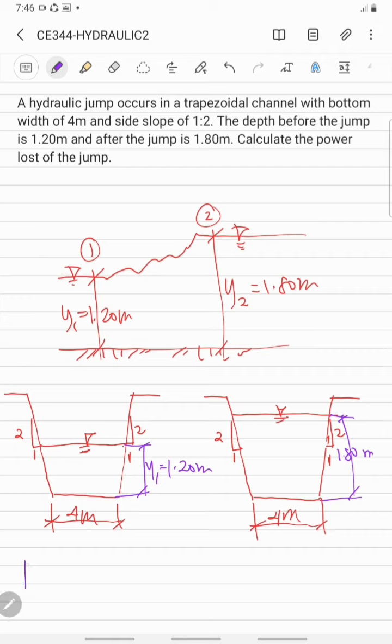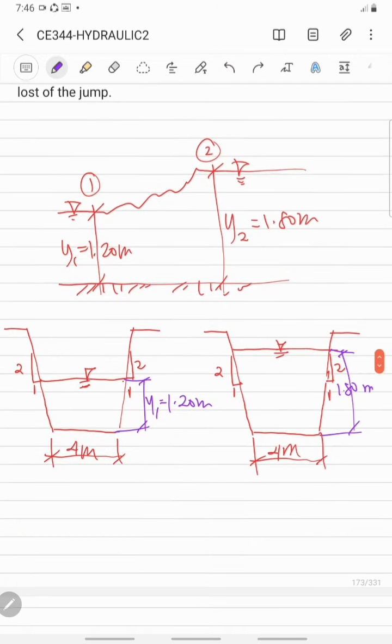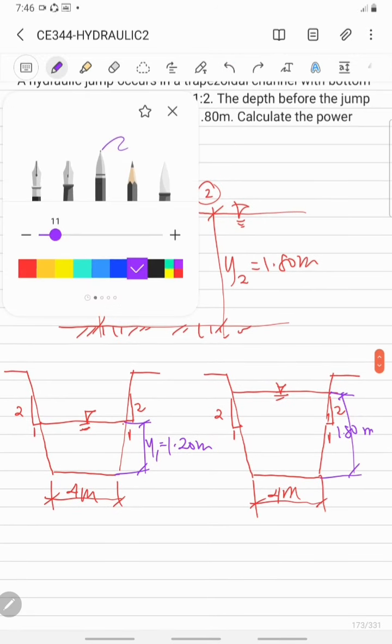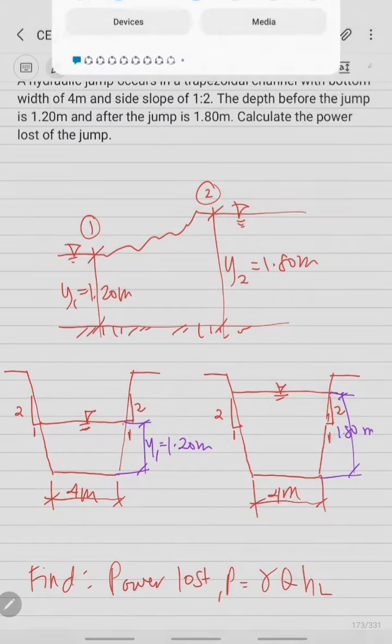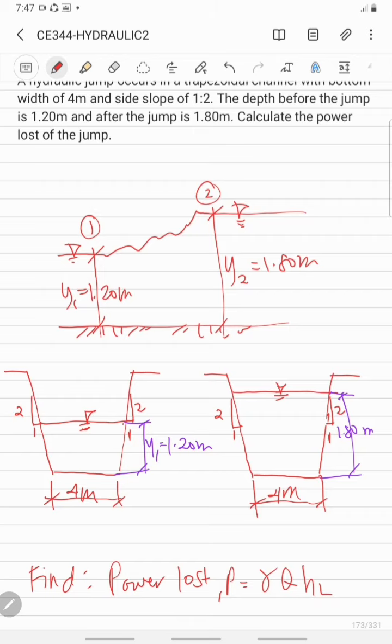So we need to determine the power lost of the jump, and that is equal to gamma Q times the head loss of the jump.